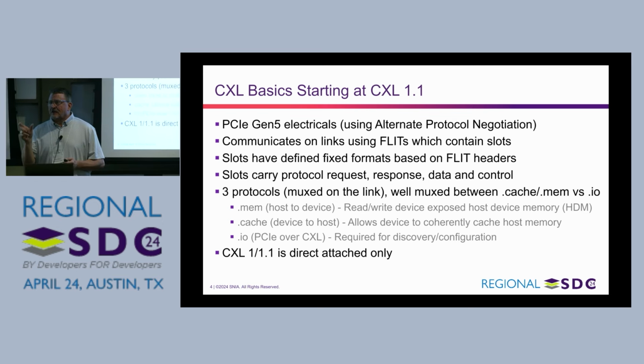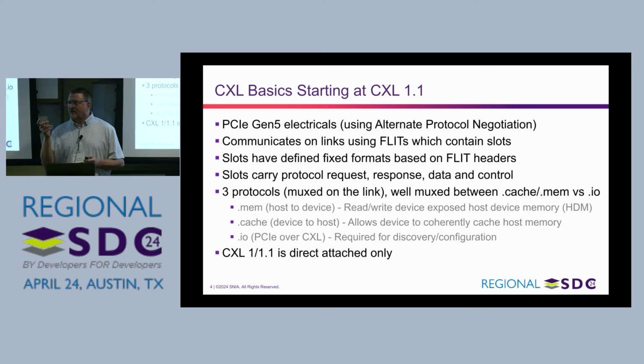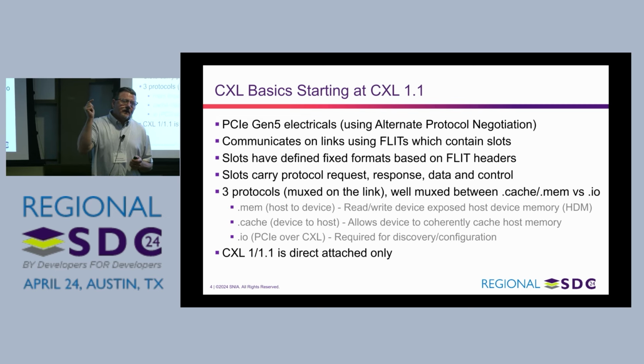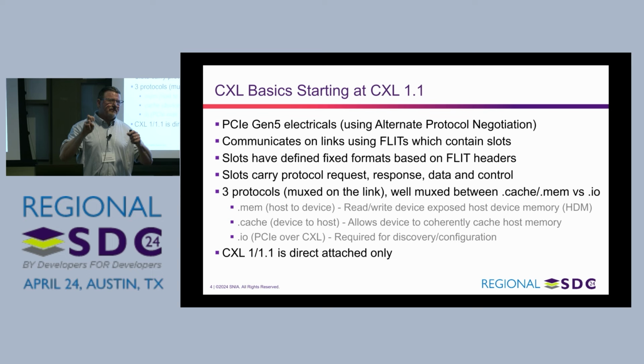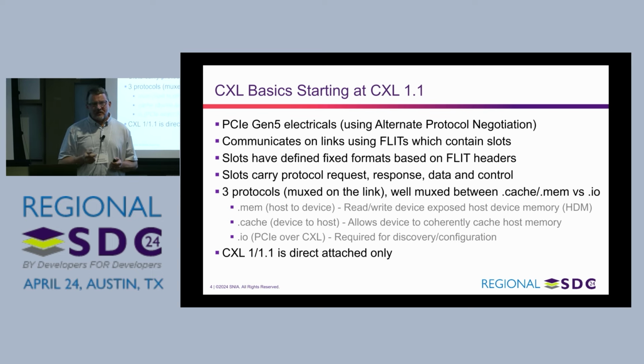A slot is a fixed format size. They have two kinds of slots: header slots and generic slots. I think one ends up being 12 bytes and the other 16 bytes. And that is where the actual content of CXL goes. As I'll talk about the different protocols, they actually go into the slots.